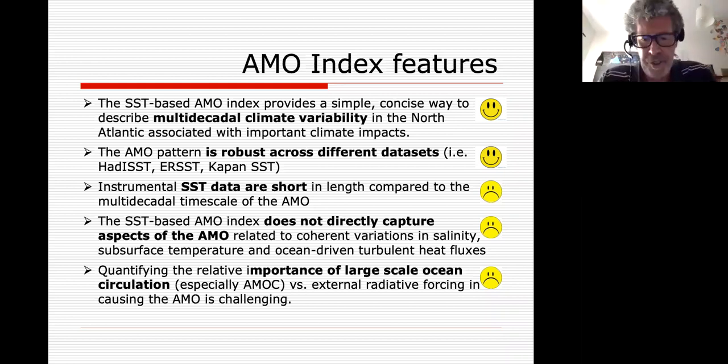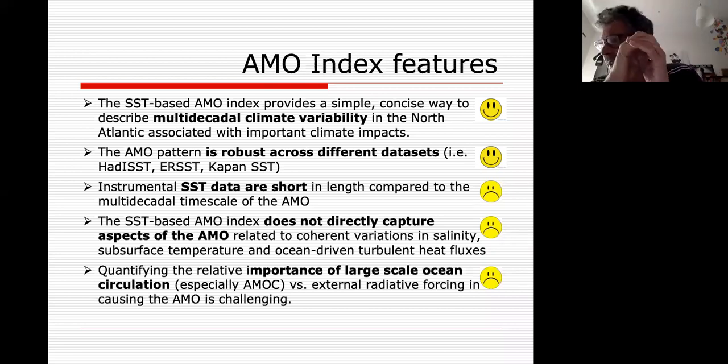And SST obviously does not reflect variation in salinity, which especially in certain areas, subpolar or polar, can play a major role in changing density. And we also don't have any information on the ocean-driven turbulent heat fluxes.